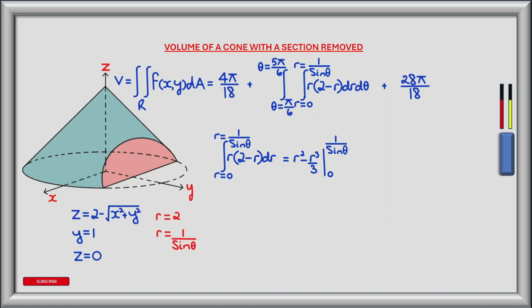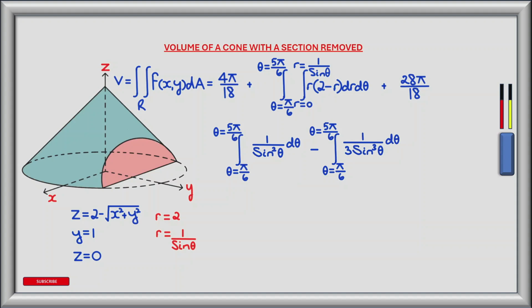And we need to evaluate this between r equals 0 and r equals 1 divided by sine theta. Plugging in the value for r equals 1 divided by sine theta yields 1 divided by sine squared theta minus 1 divided by 3 multiplied by sine cubed theta. And plugging in the value for r equals 0 yields 0.